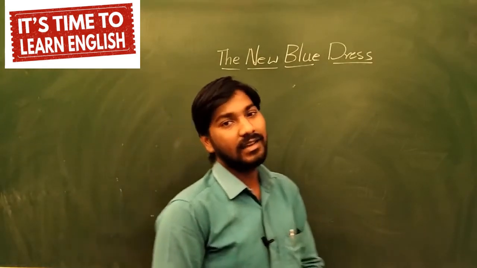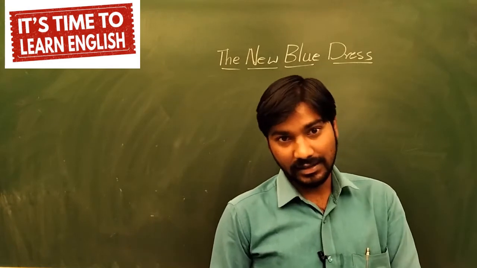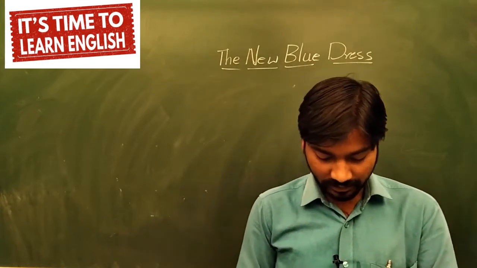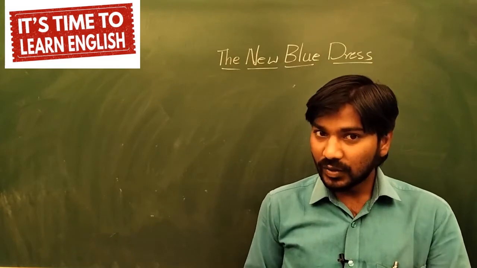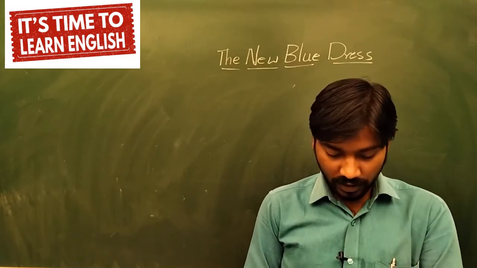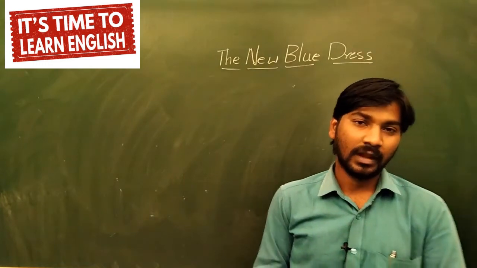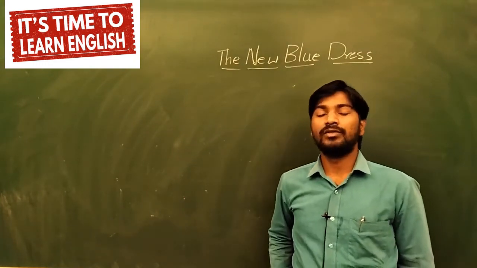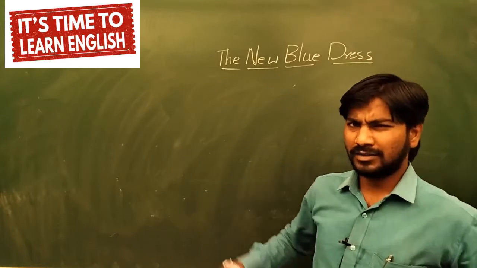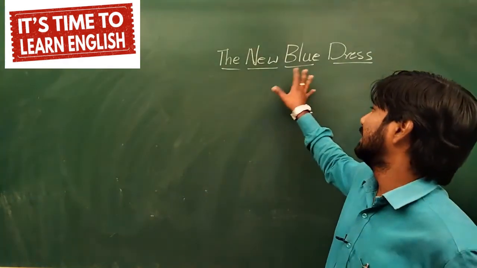I clearly said, when we are learning English lessons, literature or drama, poetry or anything else regarding English, it is very easy to guess or predict what is inside the story. So when you hear the title, the new blue dress, maybe the story talks about a new blue dress.